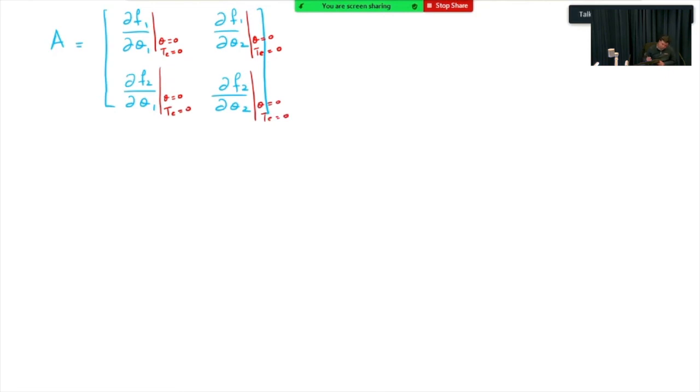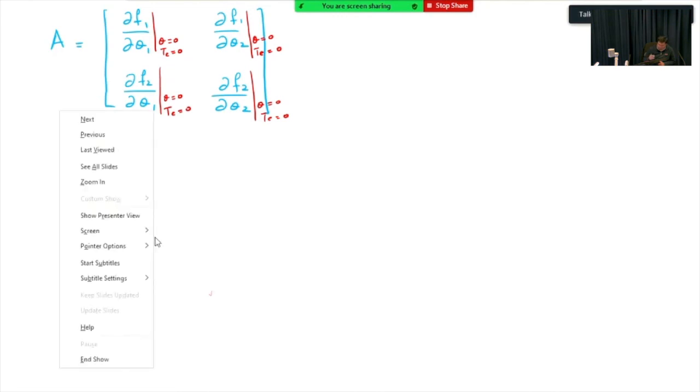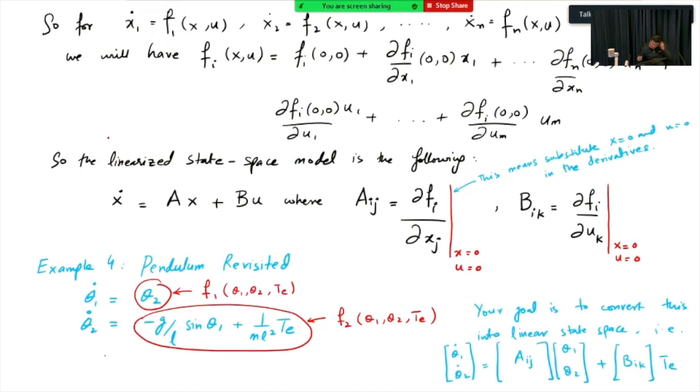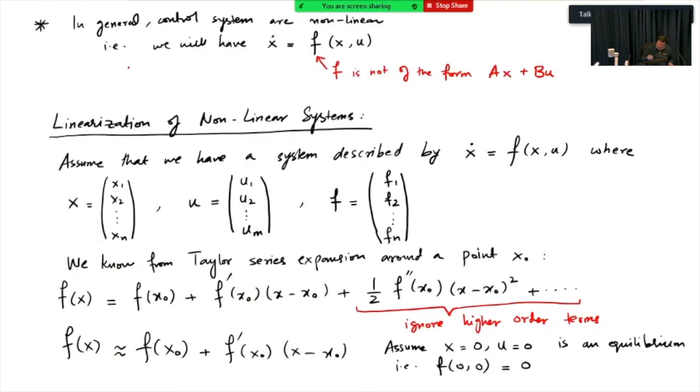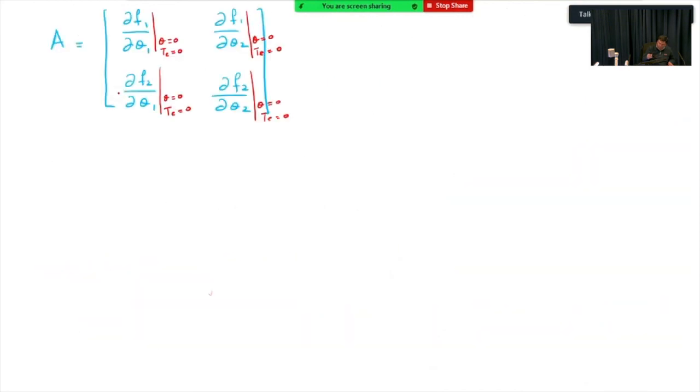Okay, so maybe let's see what is the f1 and f2. Right, so f1 is theta 2. Let's go to the next one, and so remember, f1 is equal to theta 2, f2 equals minus g over L sine theta 1 plus 1 over ml squared Te.